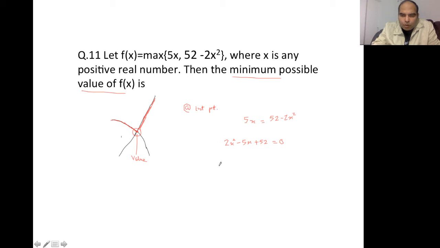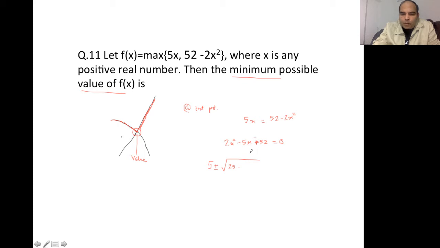And when you solve that quadratic equation, it's minus b, which is 5, plus minus under root b squared minus 4ac, which is 25. Sorry, this will be minus 52, I made a mistake there.